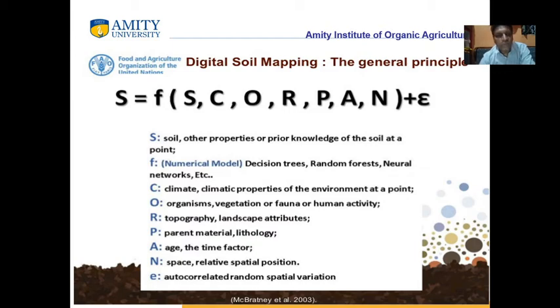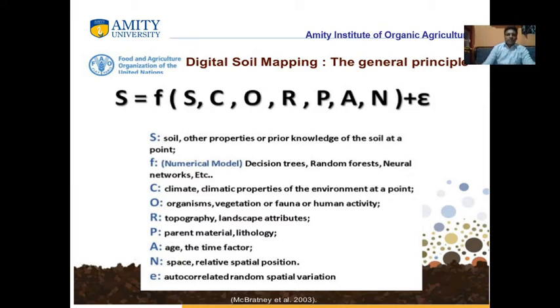The prior knowledge of soil is a function of the soil, climate, organisms, relief or topography, parent materials, age or time factor, spatial positions and spatial variations. All these are taken into account to know the exact status, exact knowledge of soil.